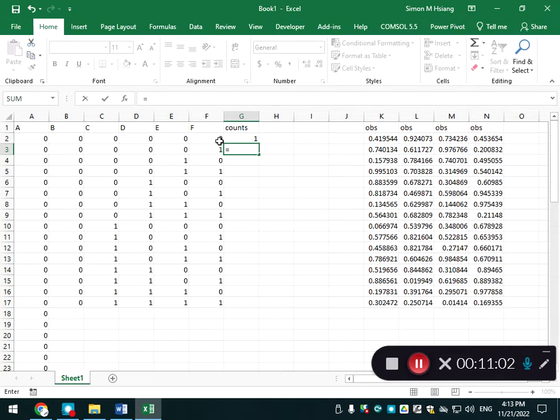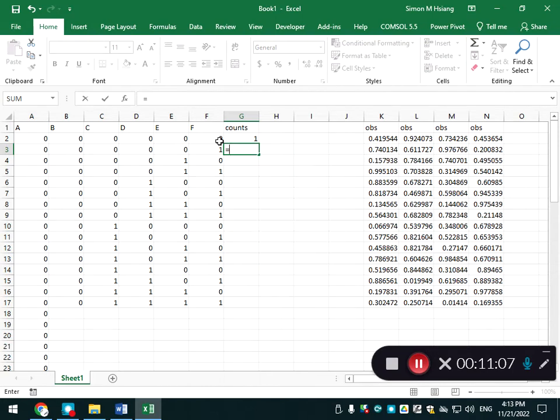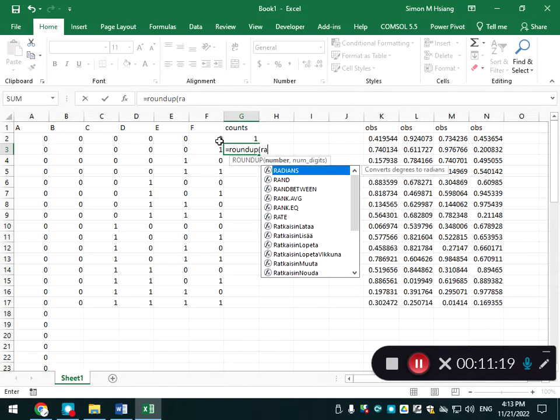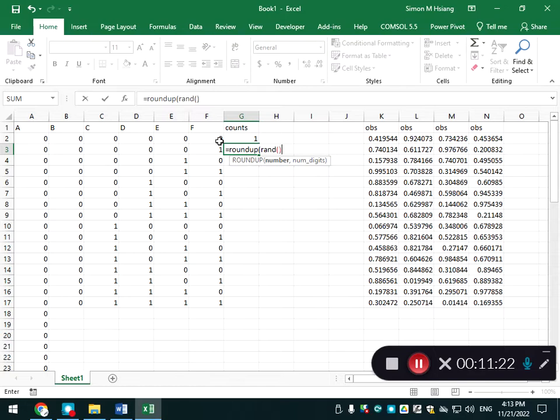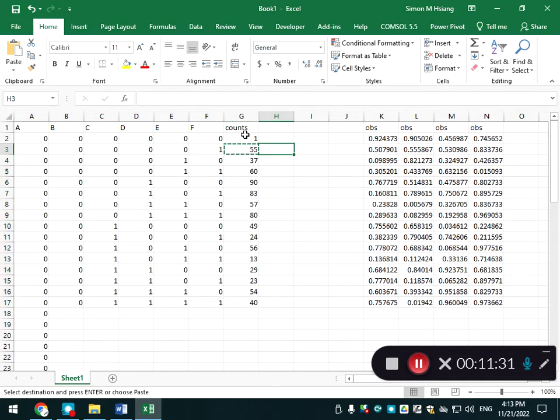Let's just say you can have times 100. Okay, so I will have a lot of numbers here saying how many times I see something happen or not happen under these conditions.